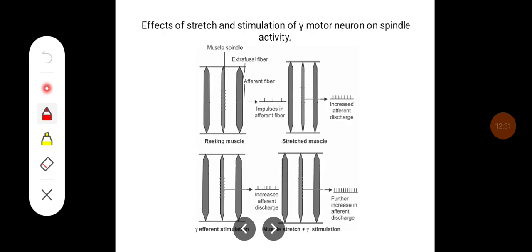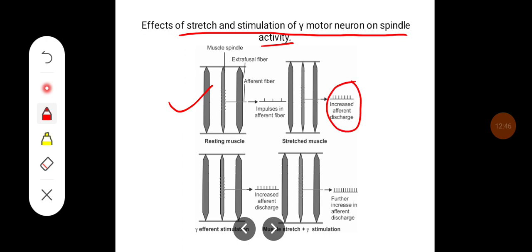You can see the effect of stretch and stimulation of the gamma motor neurons on the muscle spindle activity. If this is the resting muscle, stretching of the muscle leads to the stretching of the spindle, and there will be increased afferent discharge activity. When there is gamma motor neuron activity, there is a contraction of the peripheral parts of the muscle spindle, so that increases the afferent discharge.